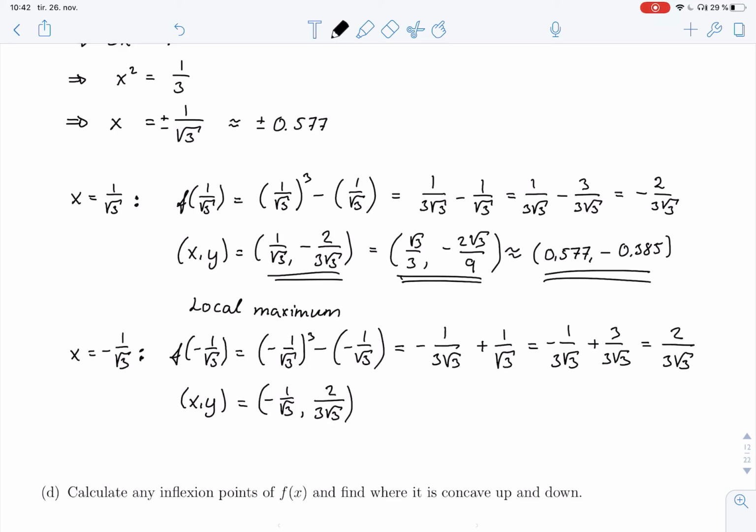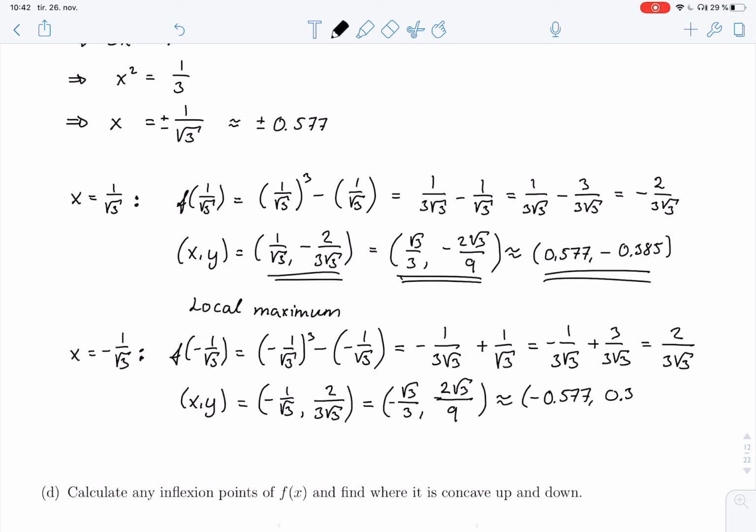Or as before, you could write it like this, which looks a bit prettier since we don't have a square root underneath. Or simply with decimals.